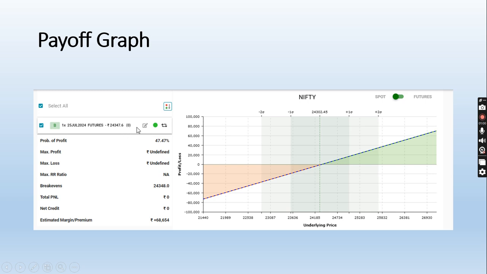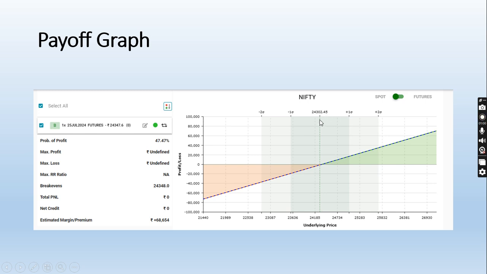So there is a difference of 47, 48 rupees. If you add that difference between the spot and futures to the spot price, then your break-even will come. That is 24,348 rupees. So for you to make this a profitable trade, the spot price has to move more than 48 rupees.